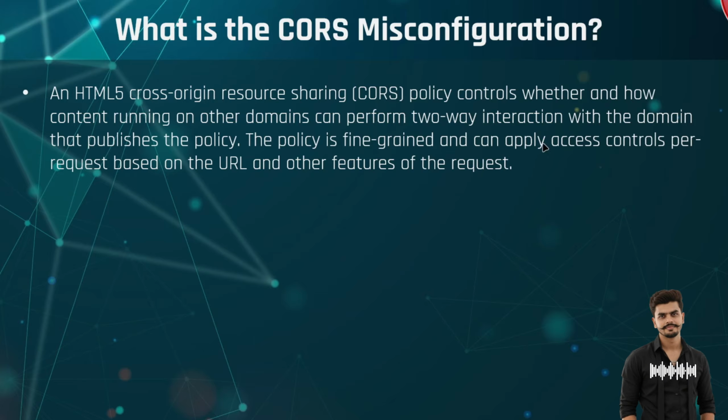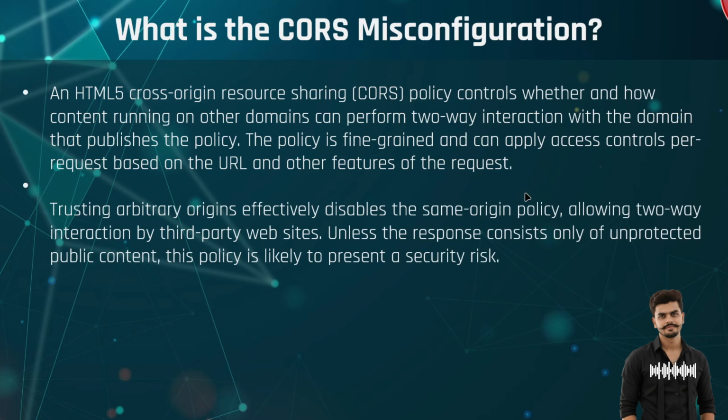The policy is fine-grained and can apply access control for requests based on the URL and other features of the request. So mainly, it is like a rule on who can access the resources and how they can access the resources.